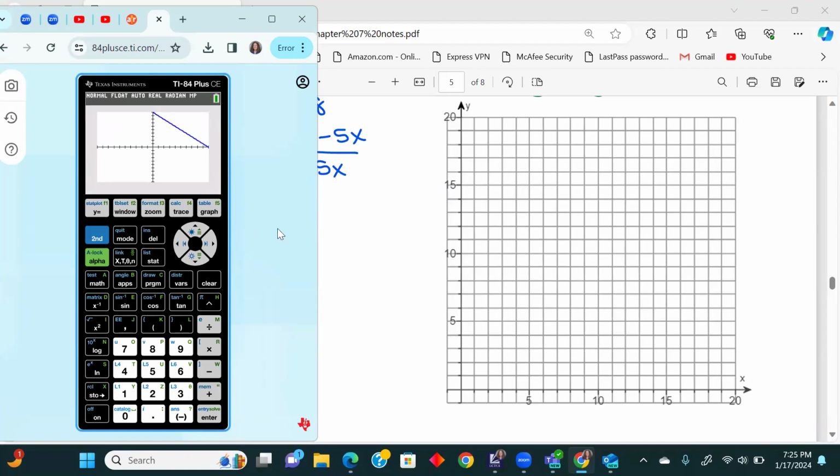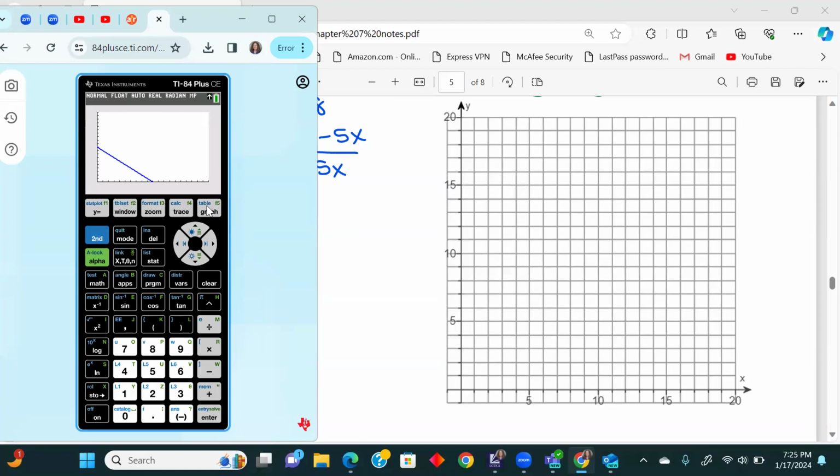If you want to adjust your window, if you hit window, X min is 0, X max is 20. Don't worry about the scale. Y min is 0, Y max is 20. All right, so this is the first one we're graphing.